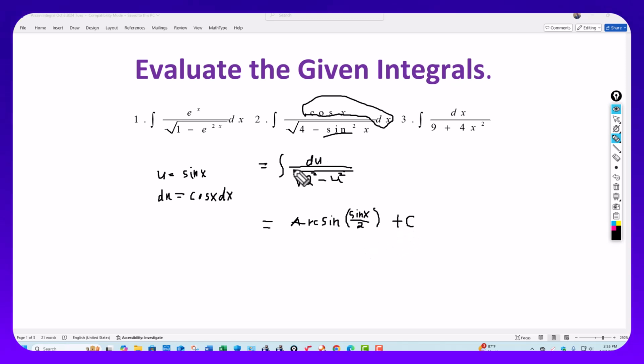So again, once you can get the integrand in the form du over the square root of a squared minus u squared, or u squared minus a squared, or a squared plus u squared, you can easily get the value of the integral. So for this one, it's arc sine of sine of x over 2 plus the constant of integration.